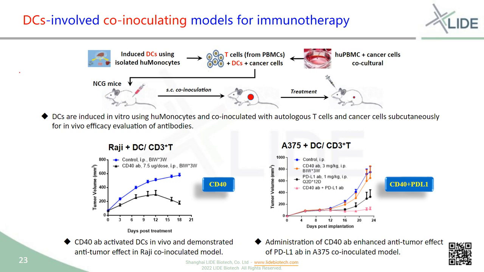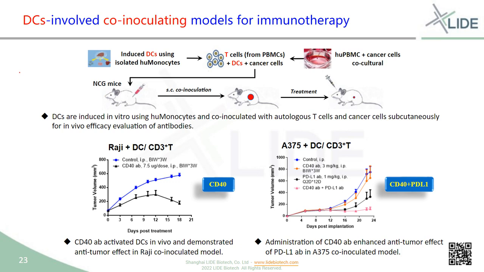We know dendritic cells are the most powerful professional antigen presenting cells for inducing human naive T cell activation and effective T cell differentiation. So currently, cancer vaccines and immune modulators targeting dendritic cells are still very hot.